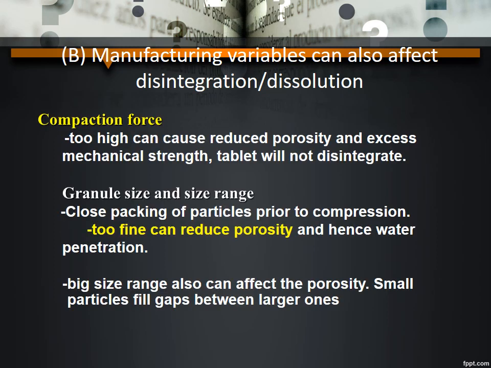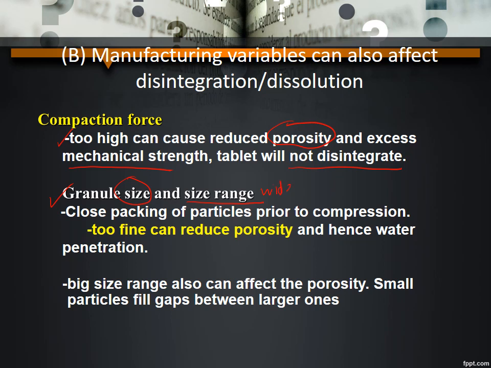So the manufacturing variables can also affect disintegration and dissolution. For example, compaction force. If you have too high a compaction force, it can cause a reduction in the porosity of the tablets, and they will store excess mechanical strength, and the tablets will not disintegrate. And this can also be affected when you have a different size or a wide size range.